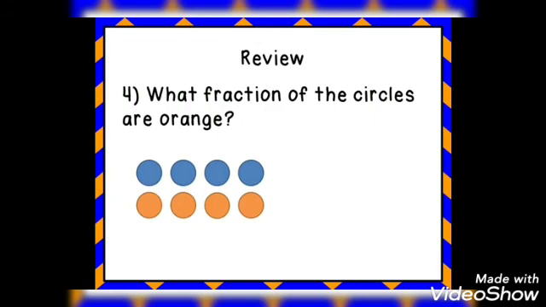What fraction of the circles are orange? Think. So the numerator will be 4 and the denominator, the total circles, is 8. So the fraction will be 4 upon 8. So this is how we find fractions of a set.